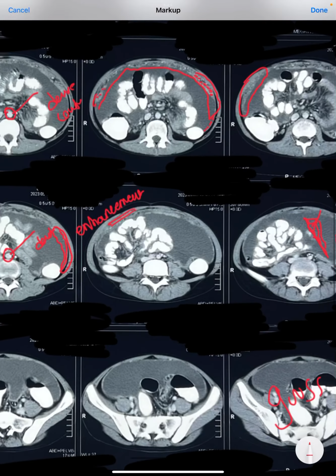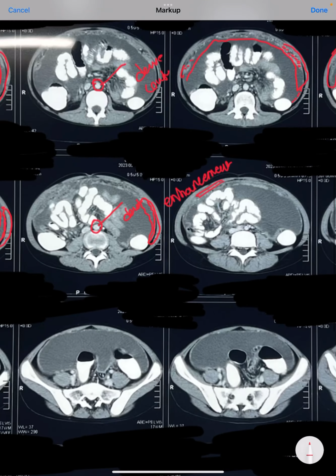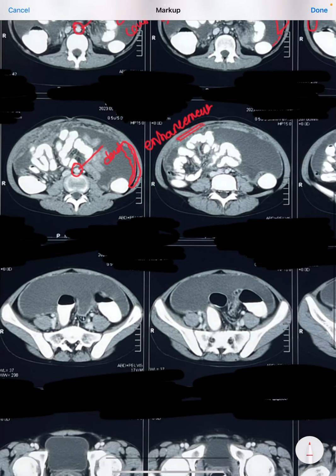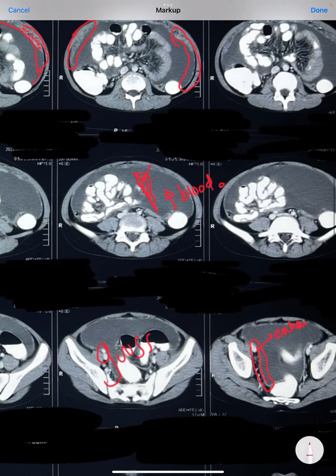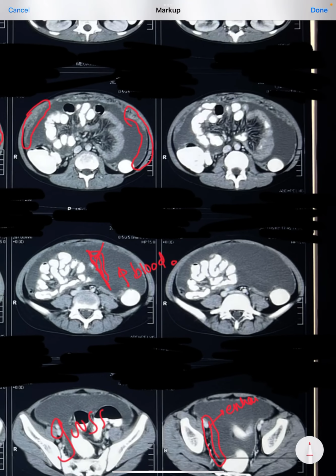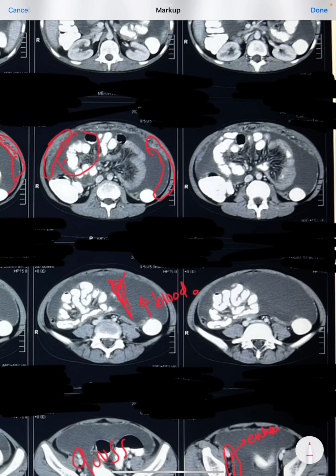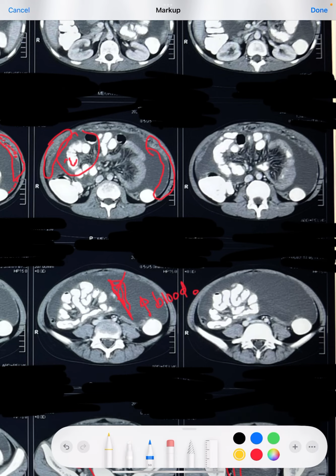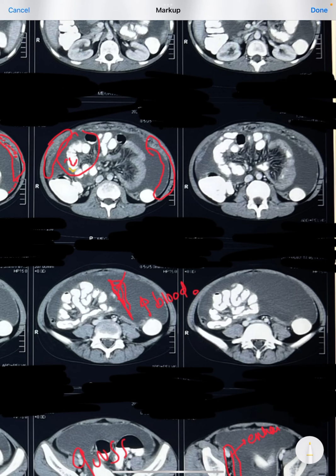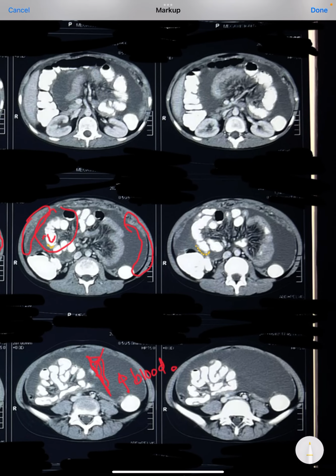We can also see this type of enhancement of the peritoneum around the intestinal coils as well. If you see this area, this is definitely the intestinal part, and here there is whitish enhancement around these intestinal loops, the small intestine and large intestine.